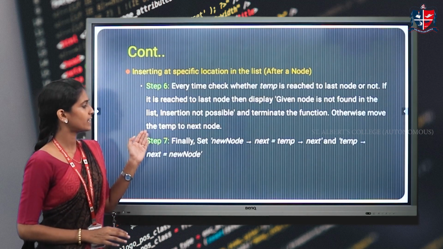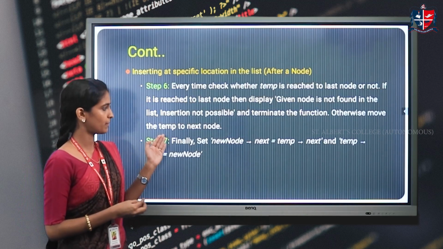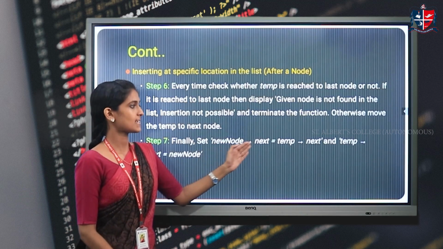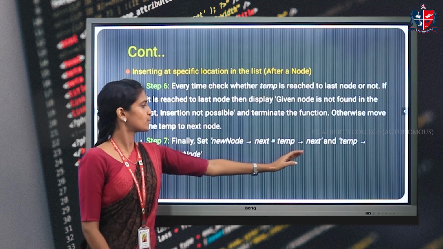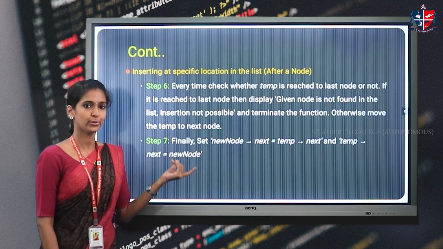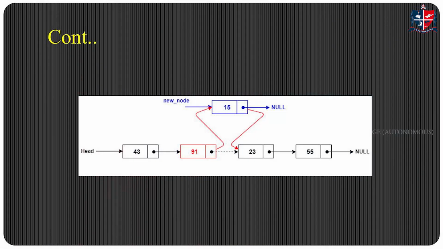Otherwise, for the insertion, you set new node's next as temp's next, and also set temp's next is equal to new node. Let me show this using an example. Here this is our list, and I want to insert 15 after 91. First of all, define a pointer called temp and initialize it to head. So in this first case, head and temp are pointing to the first node.